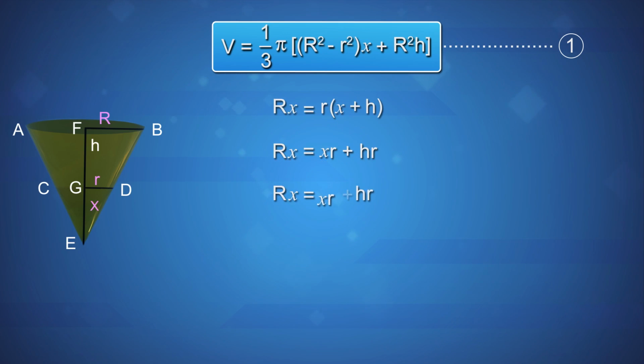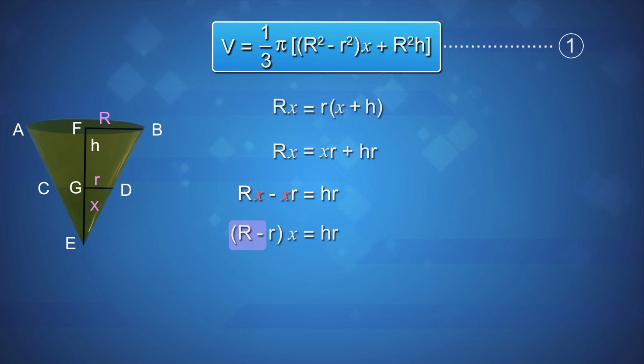Bring the x small r term to left side, which gives capital Rx minus x small r is equal to h small r. X is common to both the terms. So we get the simplified equation as capital R minus small r into x is equal to h small r.